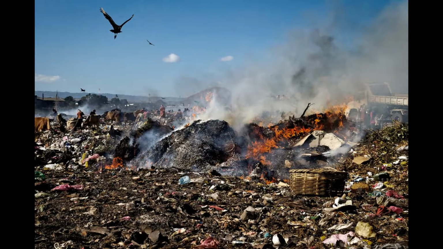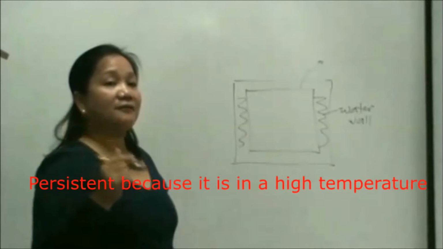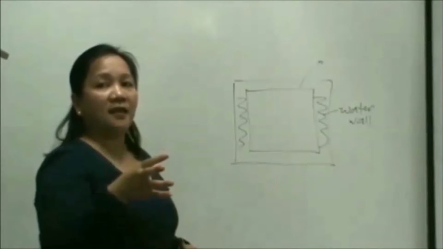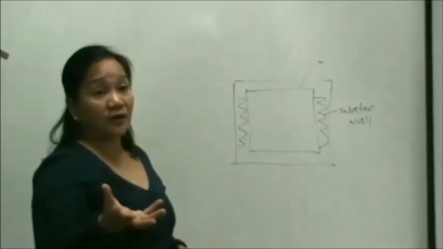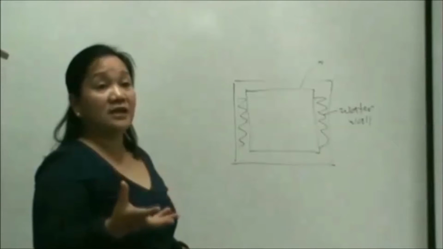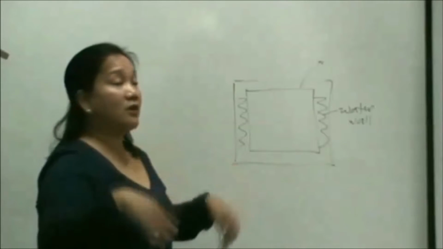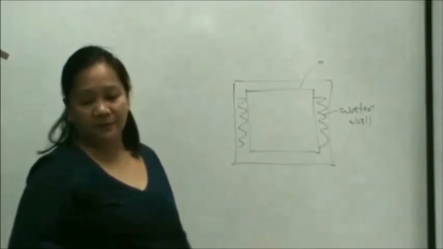Now, the reason why they are called persistent organic pollutants is that they exist at very, very high temperature. Now, the more you heat them, the more they intensify their structure as well as concentration. So, in order to modulate or to control it, you have to have what we call a water wall. So, that's the purpose of the water wall.